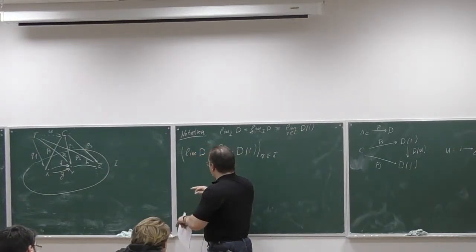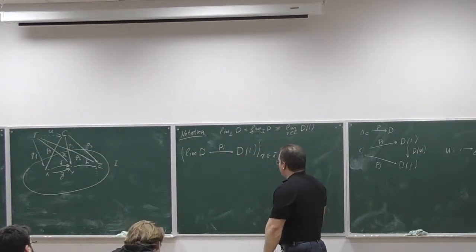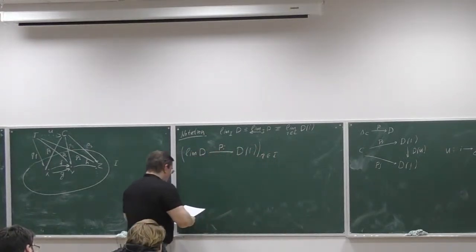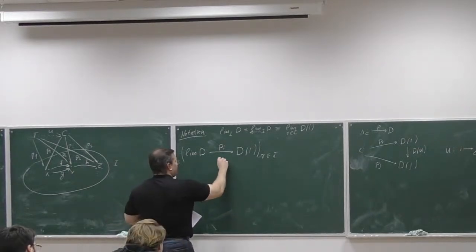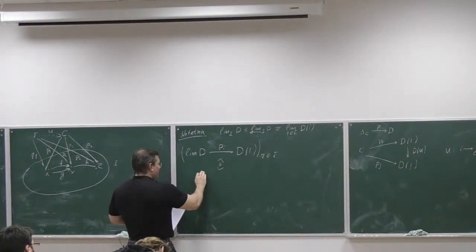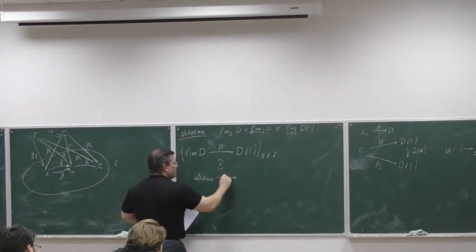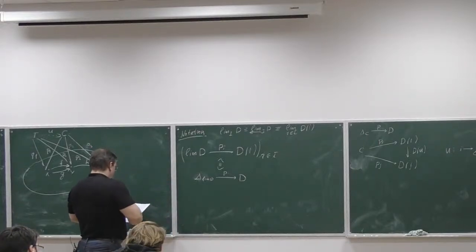You write a specific object, and you somehow want to define the specific projections, and this is usually given as part of a problem. So this is equivalent in the short notation to the following formula: delta sub lim D mapped by P to the functor D.